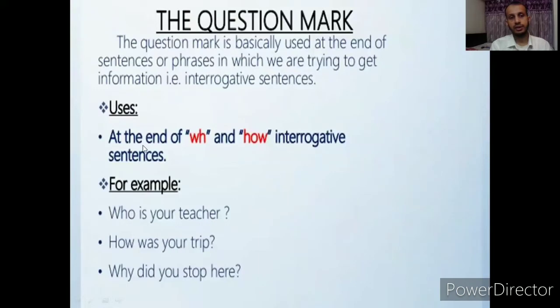For example, who is your teacher? How was your trip? Why did you stop here? So after these sentences, there is an interrogative sign or question mark. Through these sentences, the speaker wants to learn something.